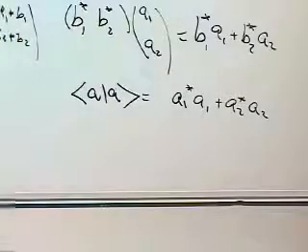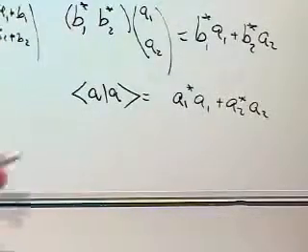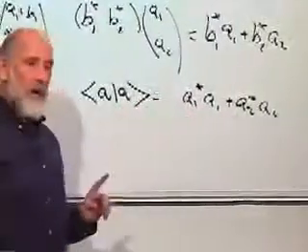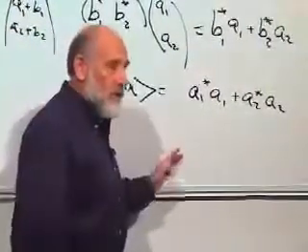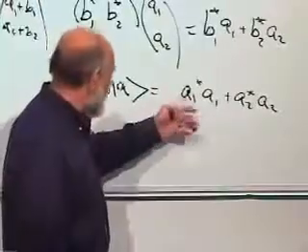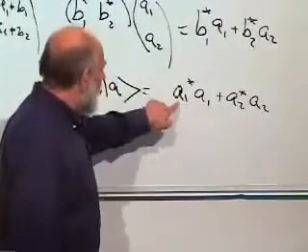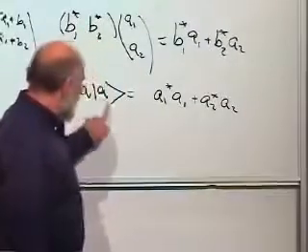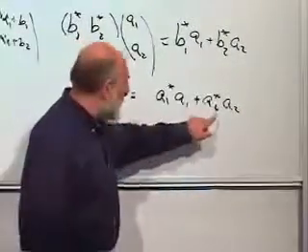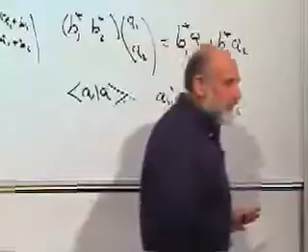Notice one thing about this. A number times its complex conjugate is, first of all, positive, and second of all, real. Well, it couldn't hardly be positive if it weren't real. So the inner product of a complex vector with itself is always a real positive number.